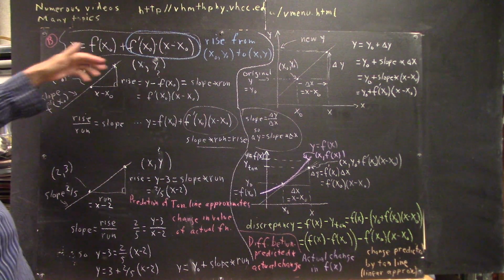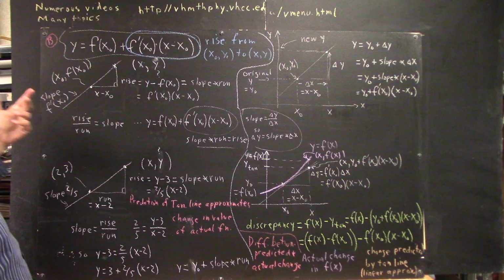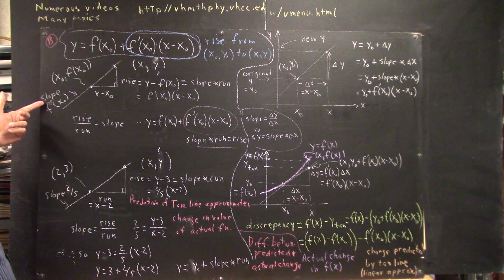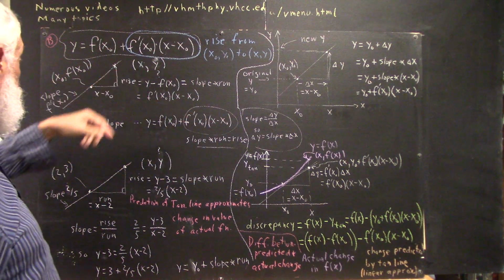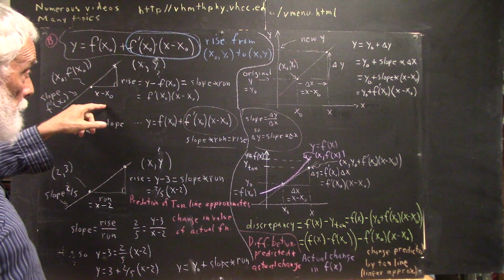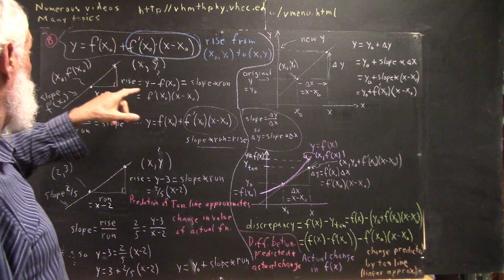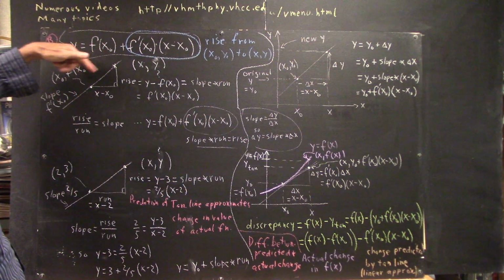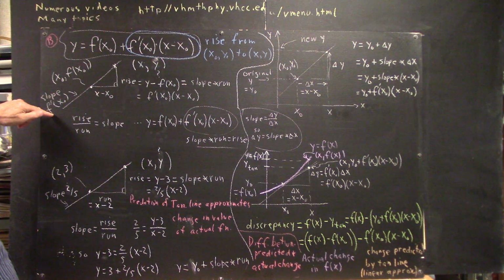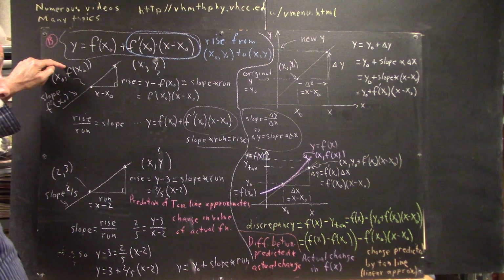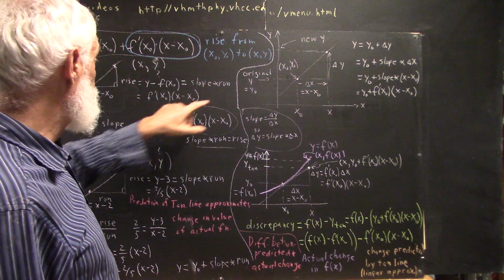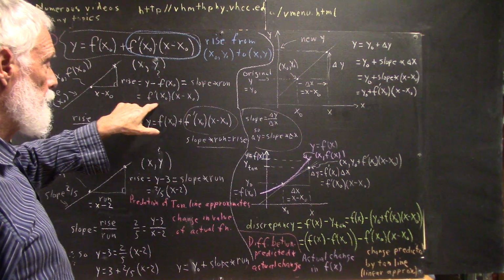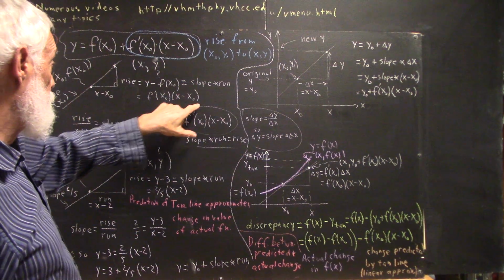So the rise of the tangent line divided by the run has to equal the slope. It follows immediately that the rise equals the slope multiplied by the run. So the rise is what? It's y minus the value here, which is f of x naught. And that's equal to slope times run, which is f prime of x naught times x minus x naught.